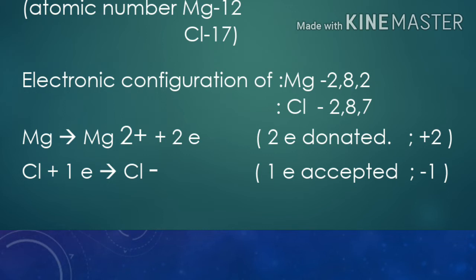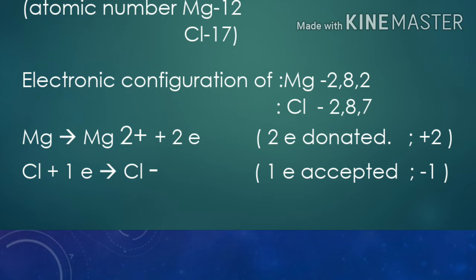So chlorine prefers to gain 1 electron and exist as a negatively charged ion. Here magnesium loses 2 electrons, and these will be accepted by 2 chlorine atoms: 1 electron by one chlorine atom and the other by another chlorine atom.